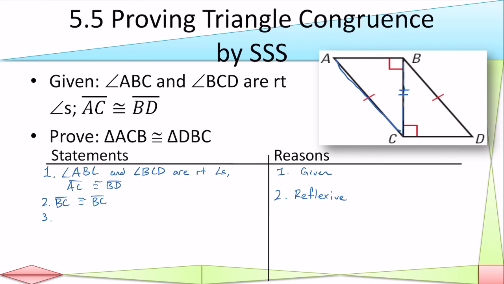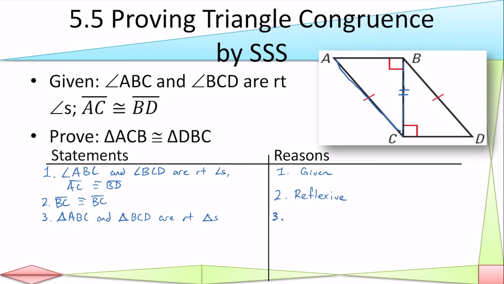So we have to say something about right triangles. So we could say triangle ABC and triangle BCD are right triangles. Because if we're going to use HL, we have to say that they are right triangles.